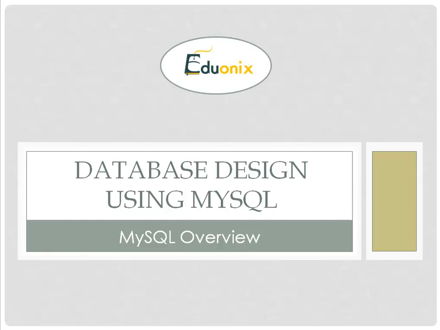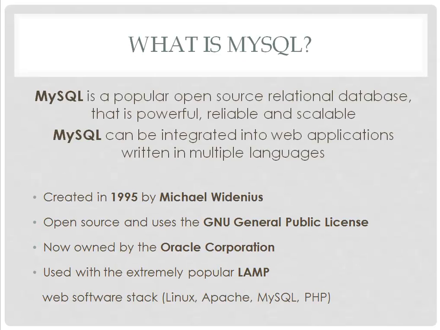Alright, so in the last section we talked about what a database itself is. In this section I want to focus on MySQL, which is a DBMS, or a database management system. So what is MySQL? There's a lot of different definitions. A couple particular definitions that I like is it's a popular open source relational database, and it's powerful, reliable, and scalable.